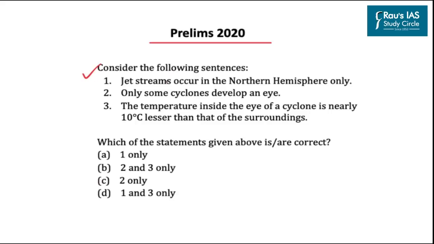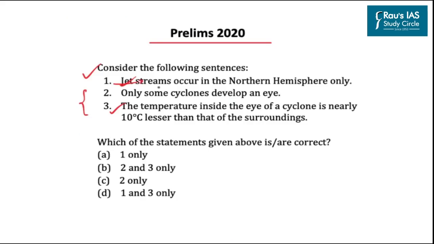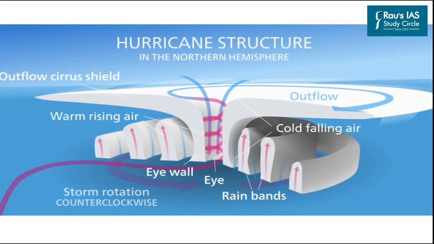Now if you've read the topics on jet streams as well as the tropical cyclones and extratropical cyclones, you know that statement 1 and statement 3 are straight away wrong because jet streams occur in both northern as well as southern hemisphere. And so the statement itself, that jet streams occur in the northern hemisphere only, is straight away incorrect, and so that leaves out A as well as D. Also statement 3 is incorrect because the eye is the region of the lowest surface pressure and the warmest temperatures inside a cyclone.